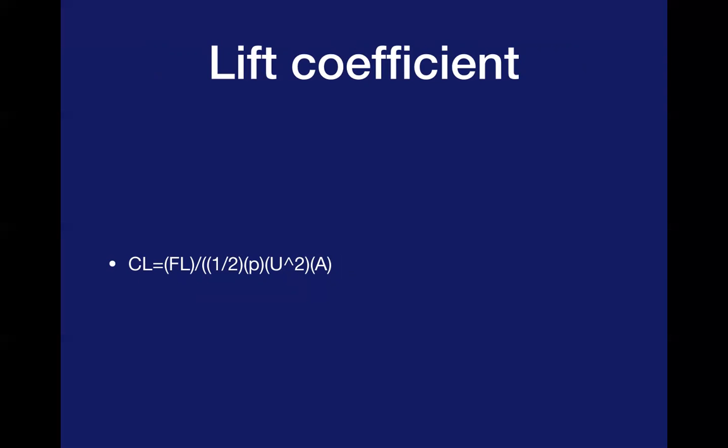Once you simplify it down, you end up with CL is equal to FL divided by 1/2 rho U squared A, where CL is the coefficient of lift, FL is the force of lift, rho is the density, U is the velocity, and A is the area.